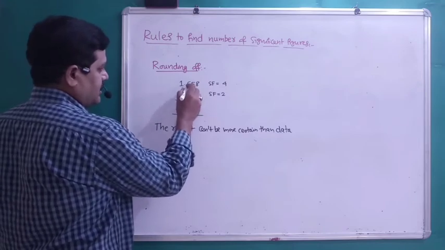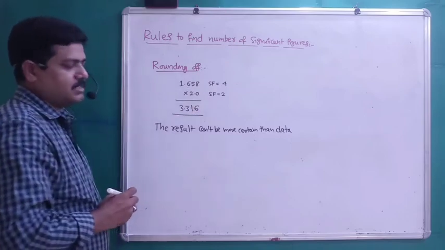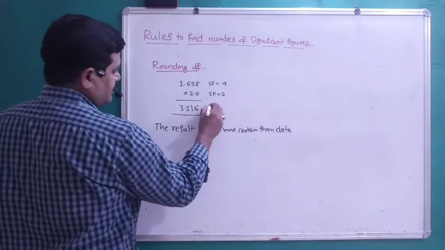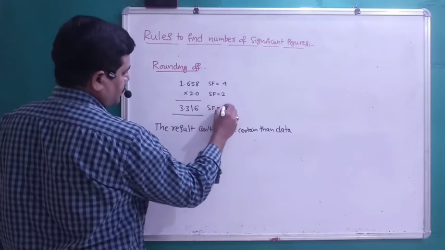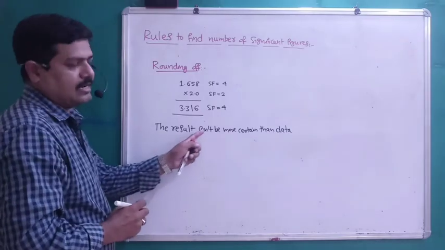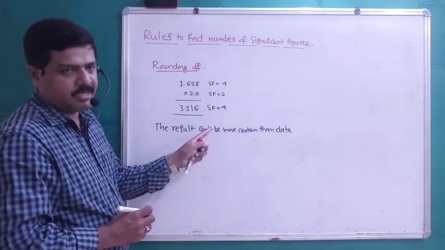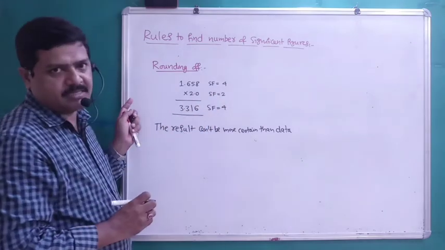So 123 with the decimal point, 3.316 we are getting. But this has the number of significant figures as 4. But the result cannot be more certain than data. This is to be adjusted to 2 significant figures.